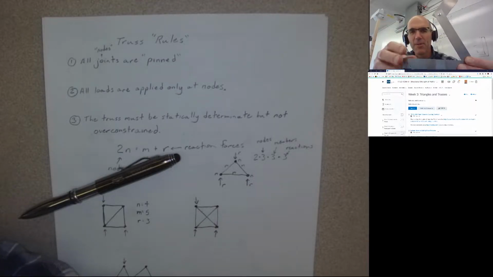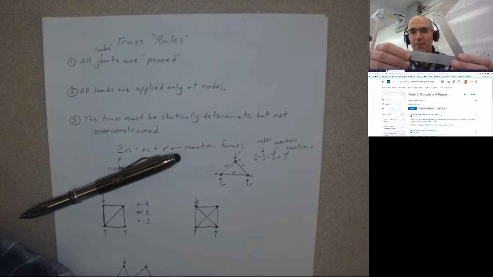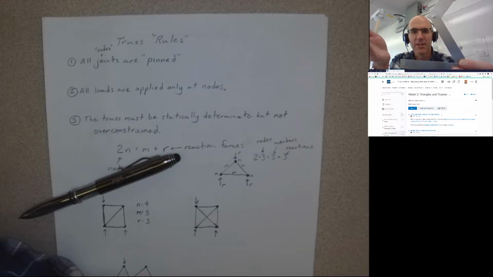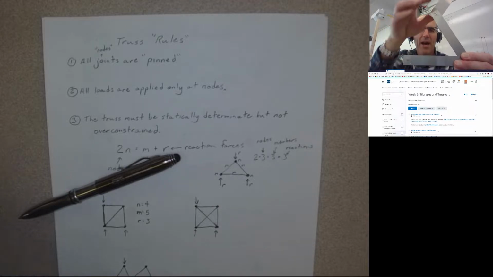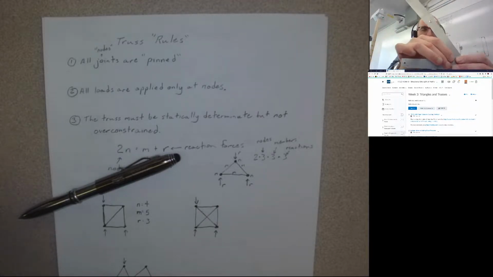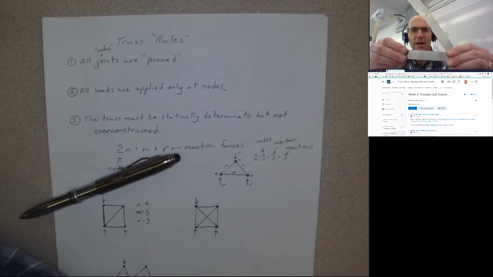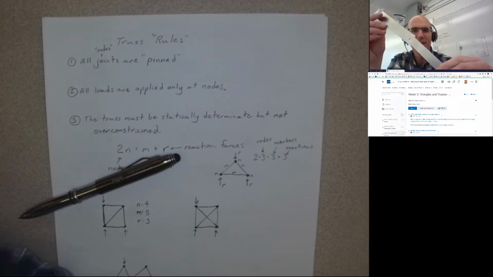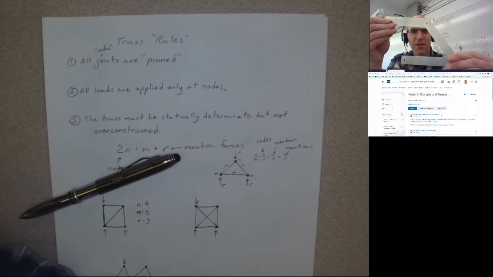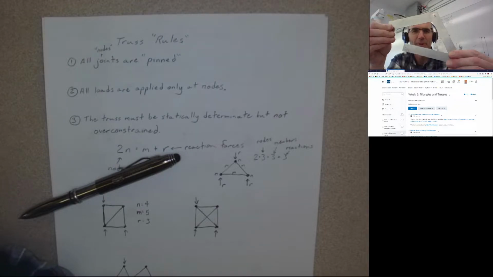In the event that your members are so stiff and rigid that they're not flexing like that, and you calculate your structure as a truss, this is something that engineers actually like because you're making your calculations more conservative than they need to be. Because if you do have a rigidly fixed together structure where this can't rotate, that's just another brace that you have in there, and it makes the structure stronger. And engineers are always happy to do a calculation that comes out slightly weaker than the actual structure.